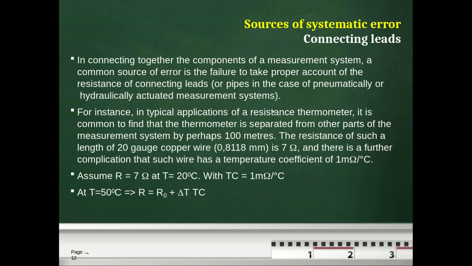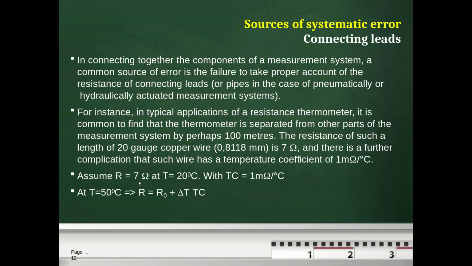For example, here he is giving you an example of a resistance thermometer. So if I have a wire of 100 meters, then this has a resistance of such length, 20 gauge copper wire, so it is 7 ohm, and it's affected by the temperature, 1 milli ohm per Celsius.